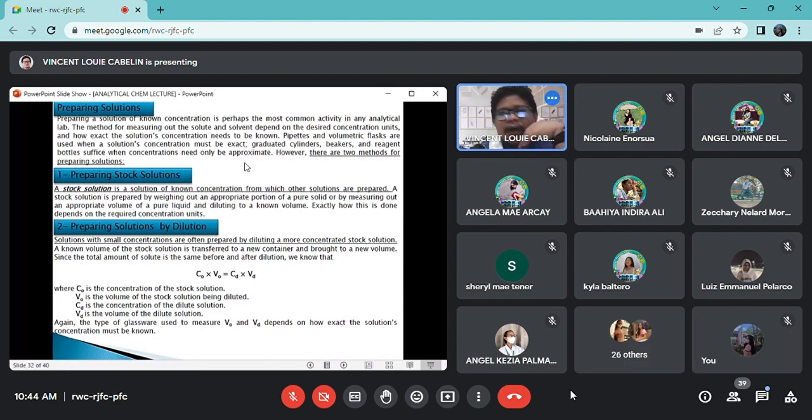So when do we use all those things that I just mentioned, those things to measure your volume, to measure the mass or weight? Usually we use them, number one, when you prepare solutions. By the term itself, a solution is a mixture of at least two samples.